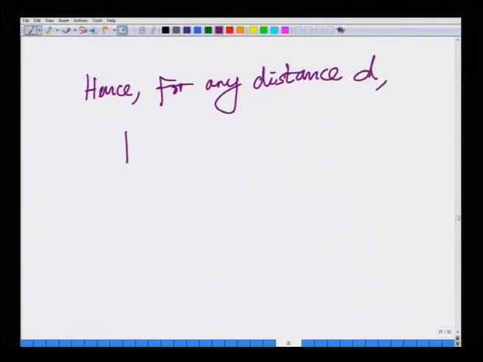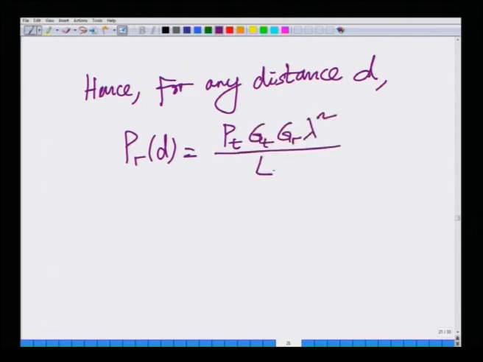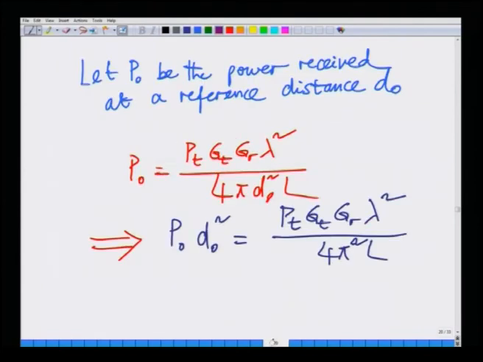what we have is P received as a function of d equals Pt Gt Gr lambda square divided by 4 pi L into 1 over d square, and this, as we already saw, is nothing but P naught d naught square.